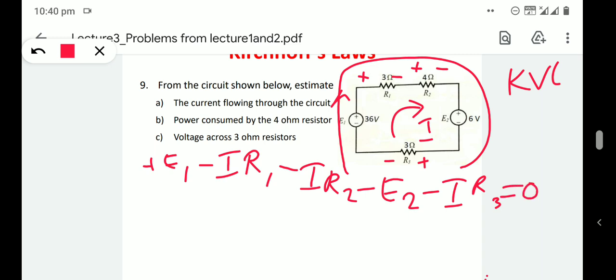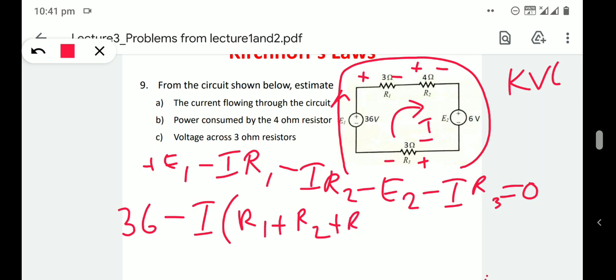Here E1 is 36, and in I R1, I R2, I R3 we take I outside, so it becomes I into (R1 plus R2 plus R3), then minus E2. E2 is 6, equal to 0. So 36 minus 6 is 30. 30 equals I into (R1 plus R2 plus R3).